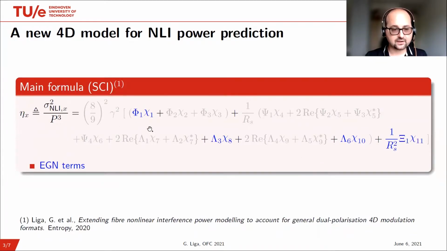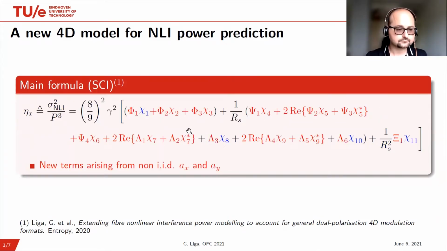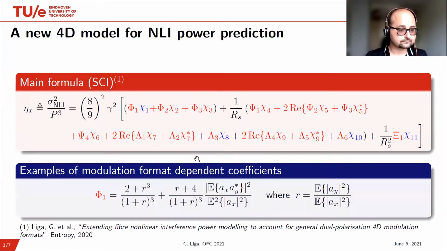Among these 11 terms, we can see that these 4 terms can be attributed to the EGN terms, so they already appear in the EGN model. Because we drop the assumption that the AX and AY symbols are IID, we obtain these additional 8 terms, and as a result of dropping this assumption, we also modify the original EGN coefficients.